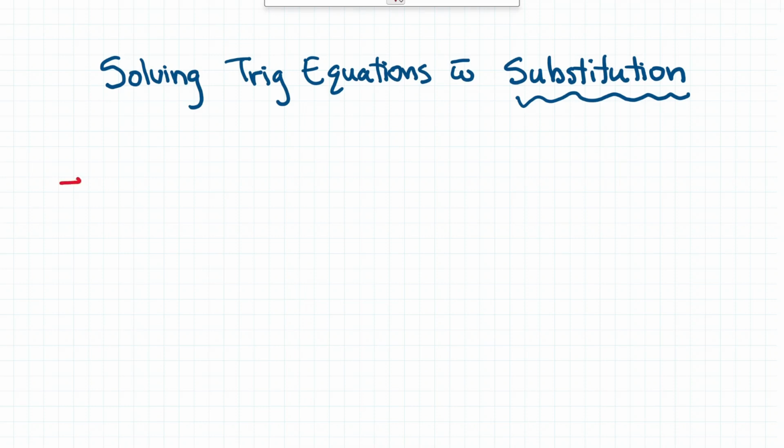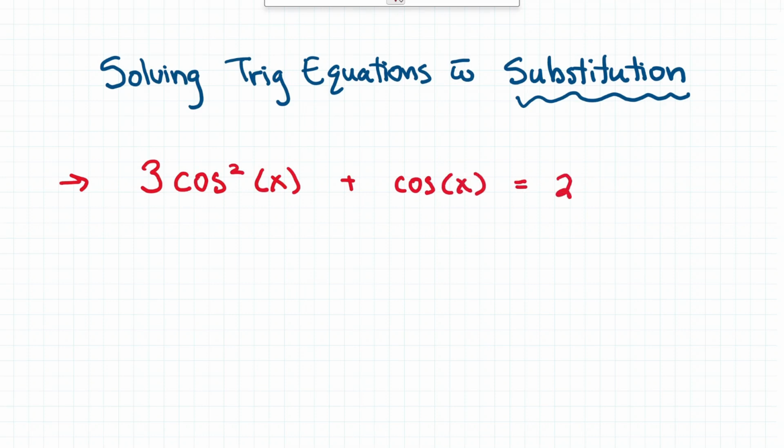So let me show you a situation, for example. What if we have 3 cos squared x plus cos x equals 2. And in this problem, we want to solve for x, where x is an element between 0 and 2 pi.